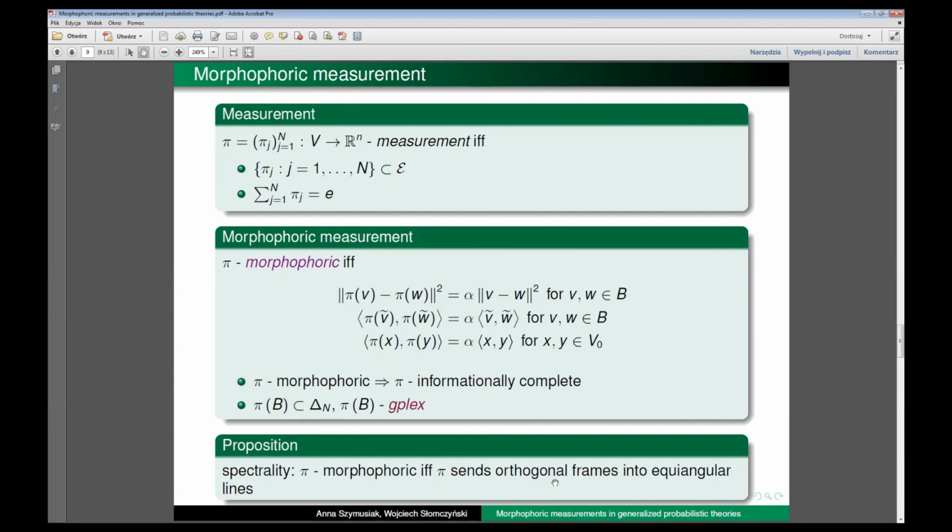Definitely in the quantum case, if it is full dimensional, it must be SIC-POVMs, of course. But what about some other GPTs, Anya? If I understand the question correctly, you can always take a minimal morphophoric measurement with the minimal number of effects.